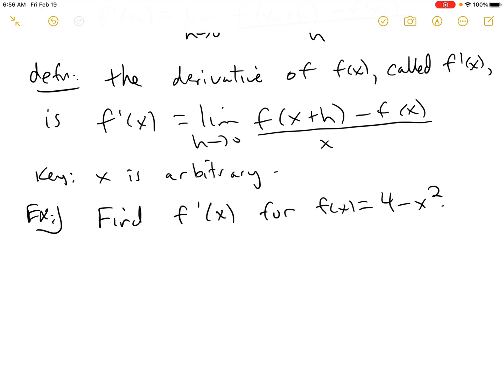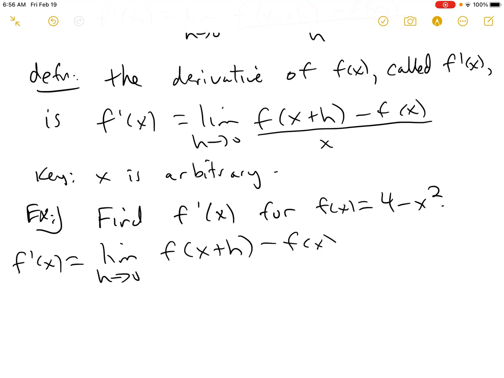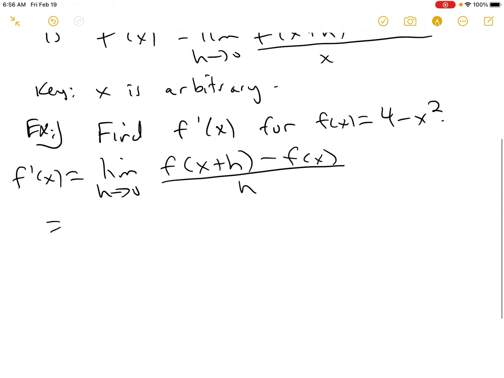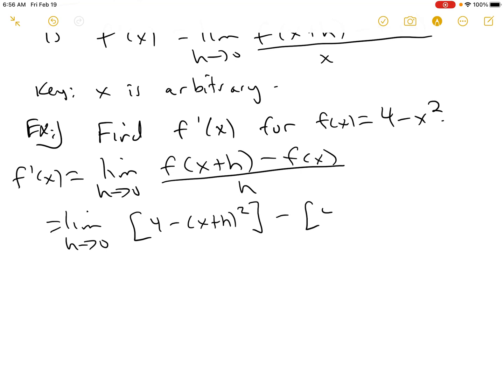So let's do that. We have the limit definition, writing all the steps out, and this becomes the limit. So here we go, 4 minus x plus h squared minus 4 minus x squared all over h.